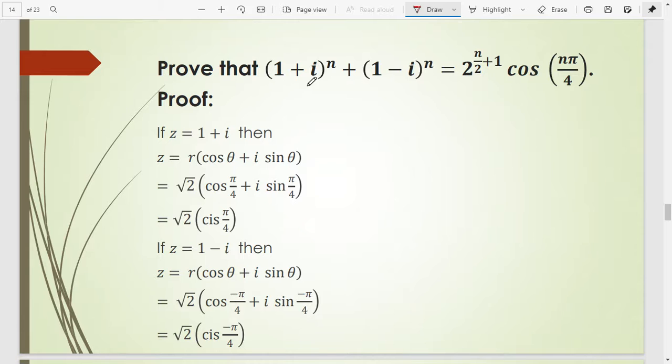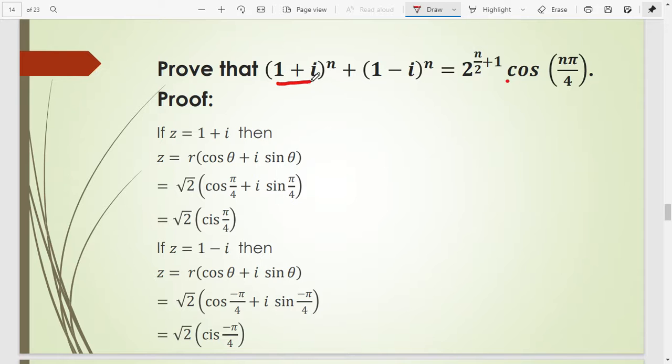Prove that (1 + i)^n + (1 − i)^n is equal to 2^(n/2 + 1) cos(nπ/4). Proof.